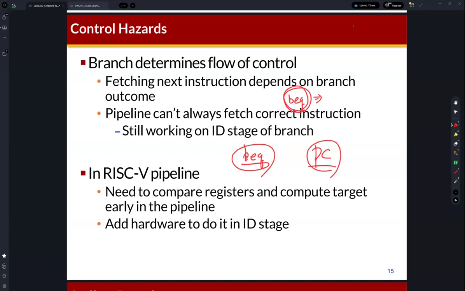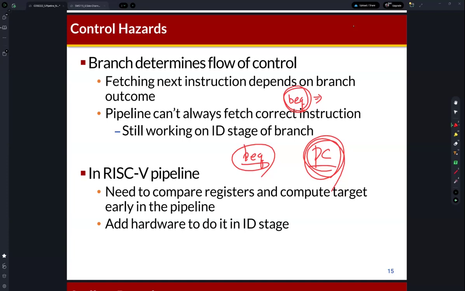The instruction uses the ALU in the EX stage. But the result of a branch instruction is the update of the PC, the program counter, and the processor uses the program counter in the instruction fetch stage.